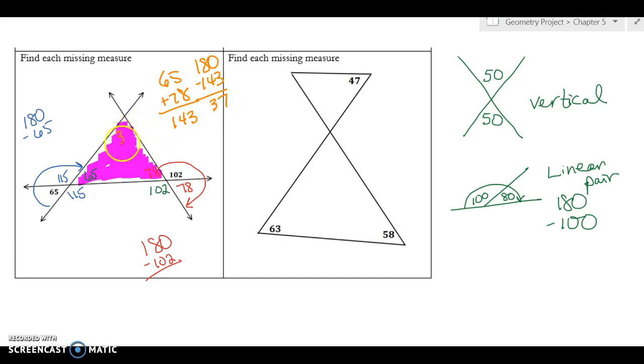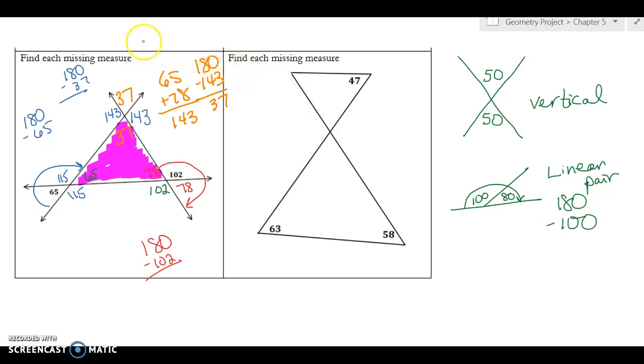So this angle up top is 37. And now if you know this top angle in the triangle, you know that this is 37 also because of vertical. And then now I can do my subtraction, 180 minus 37, and I get 143 on the left and 143 on the right. But remember, you always look for vertical angles and linear pairs first.